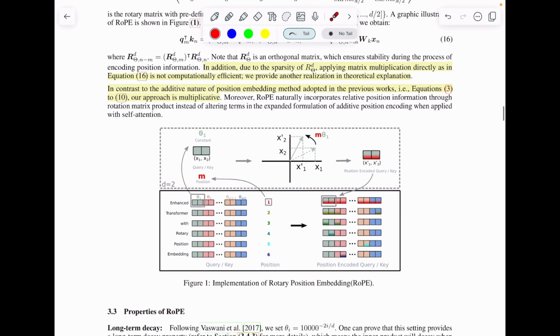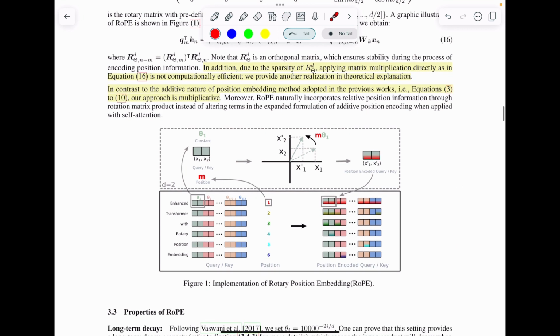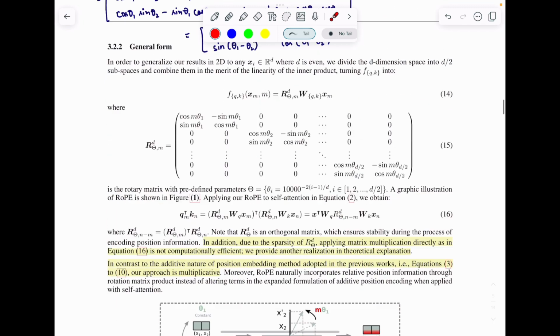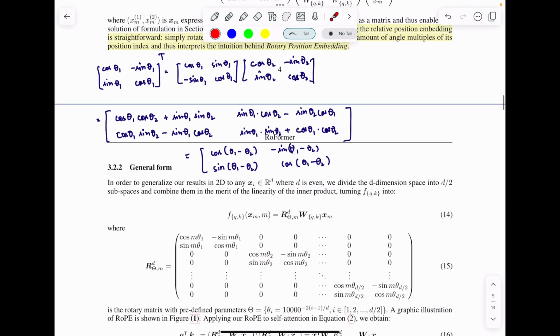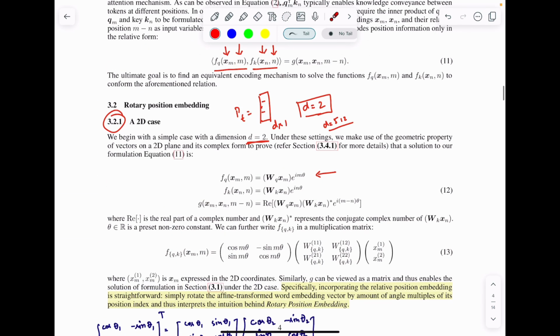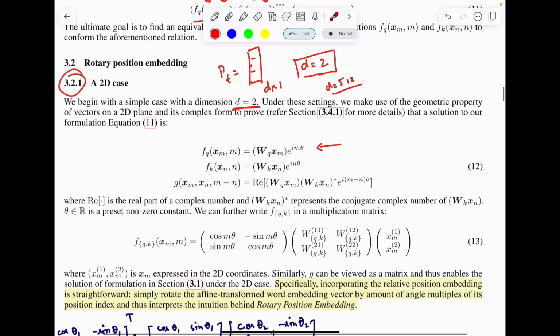So what do we do in the case when we have a larger matrix with us? Before we go to that, this is the formulation that we saw, that you have fq given as this particular formula, fk given, and gk is similarly given as this formula. Now what you can do is represent this rotation by using a rotation matrix.